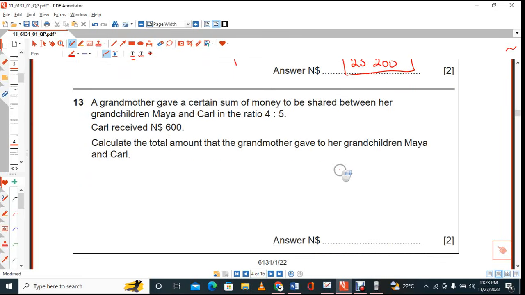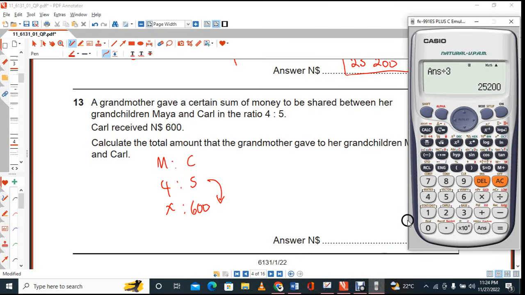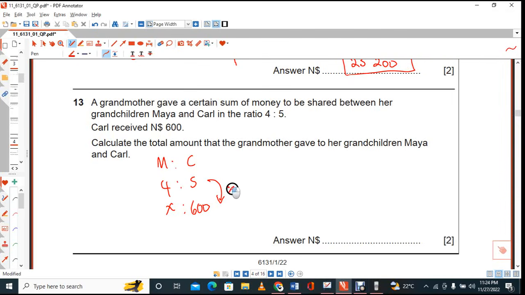When you do question 13, please be very careful. Read it carefully. A grandmother gave a certain sum of money to be shared between her grandchildren, Maya and Carl. And Carl receives $600. So I'm just going to write the ratio down. In the order it's given, Carl receives 600, and we don't know how much money Maya received. So I'm going to say 600 divided by 5, that increased by a factor of 120.